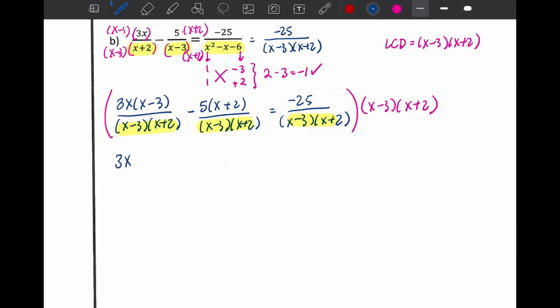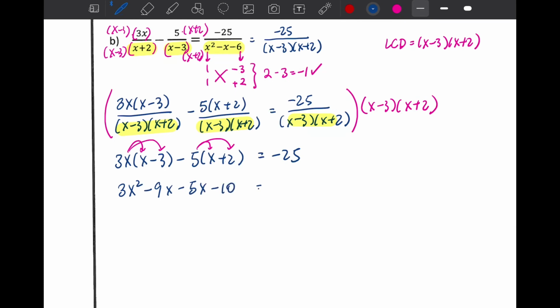We will have 3x times x minus 3 minus 5 times x plus 2 equals negative 25. Expand. So we get 3x squared minus 9x minus 5x minus 10 equal to negative 25. Collect the like terms. We get 3x squared minus 14x minus 10 equal to negative 25. Add 25 to both sides so I can have a 0 on the right hand side.